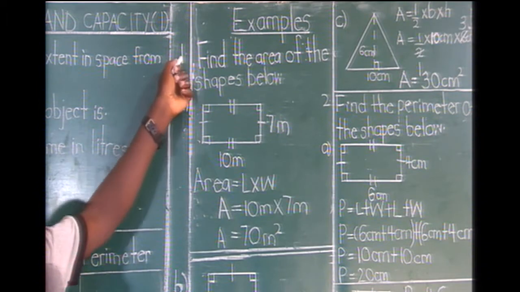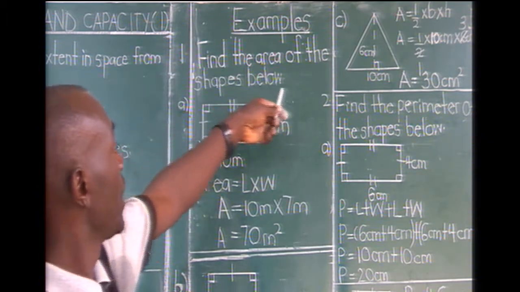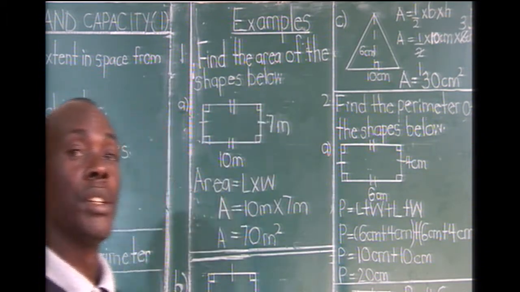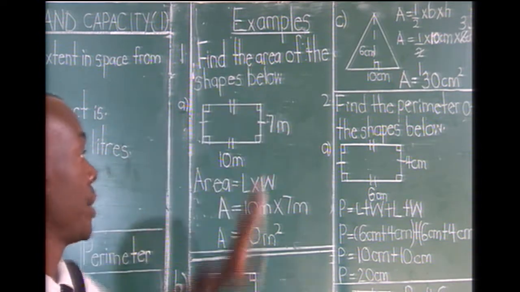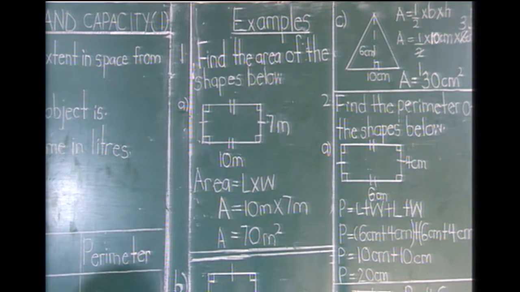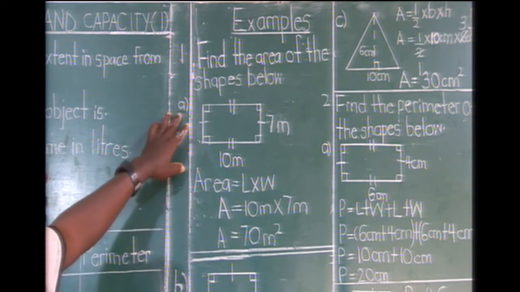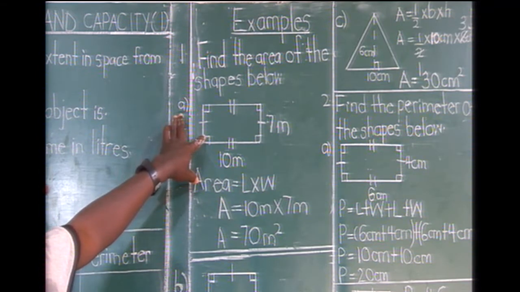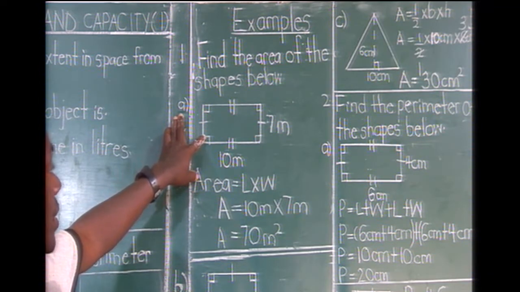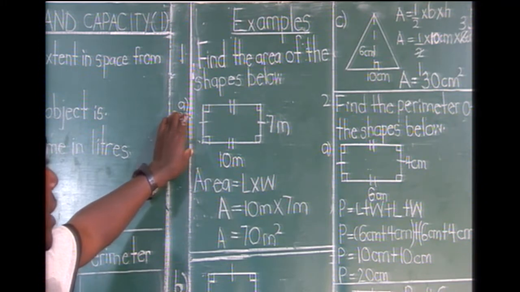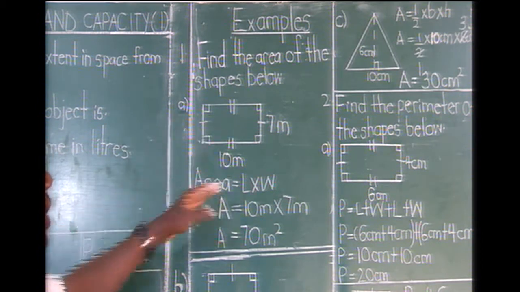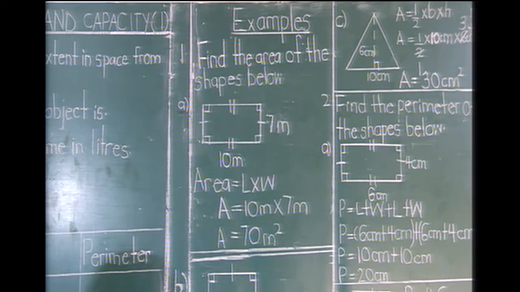Example number 1 says, find the area of the shapes below. Like we have identified the shapes, look at the four-sided polygon given here, look at the properties, please study accordingly, then identify which of the shapes this is, among the shapes teacher has described today.